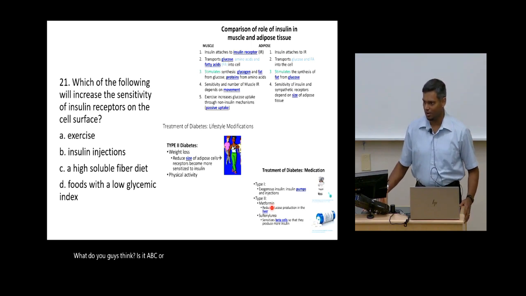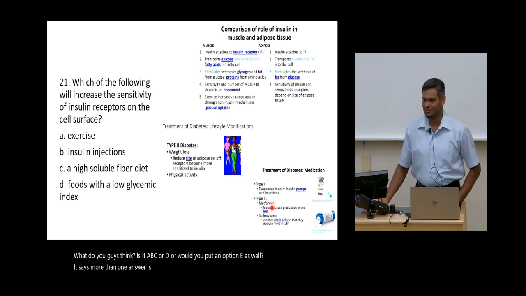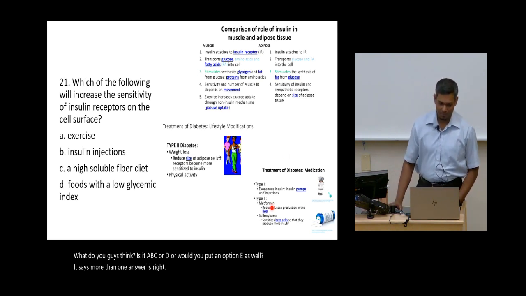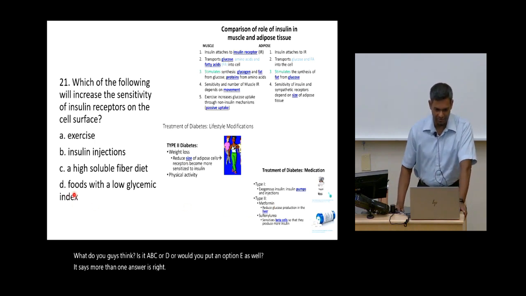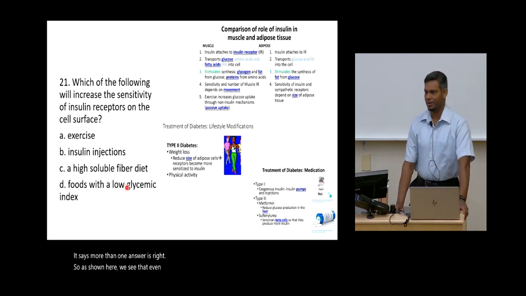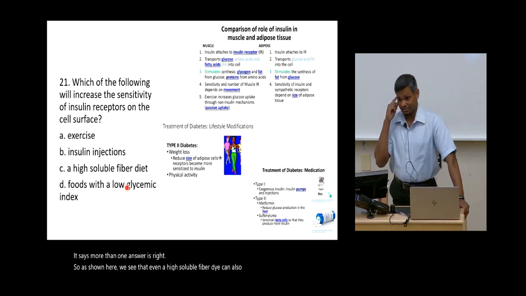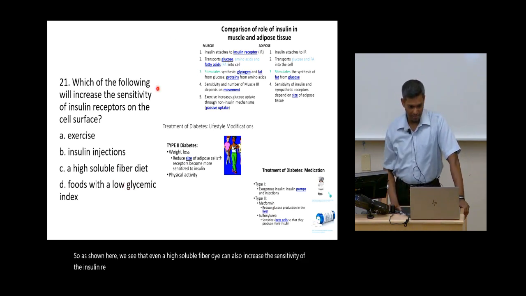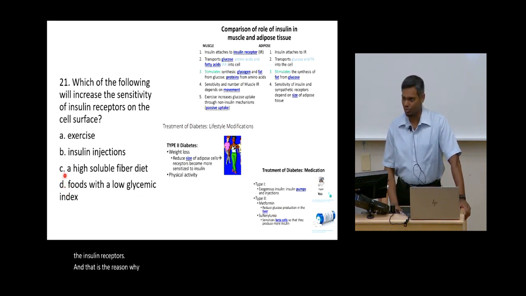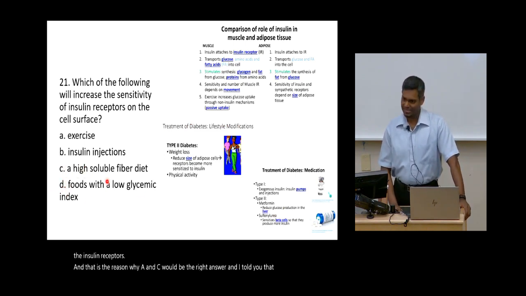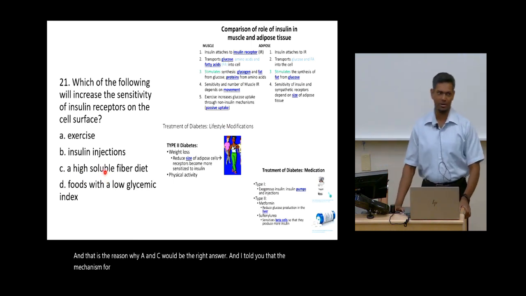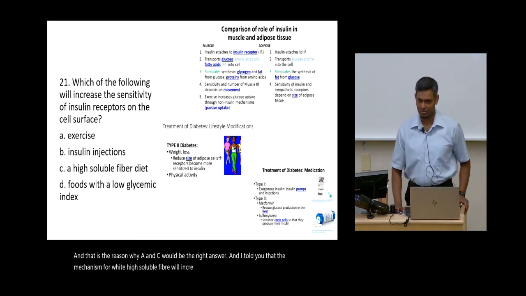Or would you put an option E as well, which says more than one answer is right? So as shown here, we see that even a high soluble fiber diet can also increase the sensitivity of the insulin receptors, and that is the reason why A and C would be the right answer. And I told you that the mechanism for why high soluble fiber will increase the sensitivity of the insulin receptor is beyond the scope of our discussion.